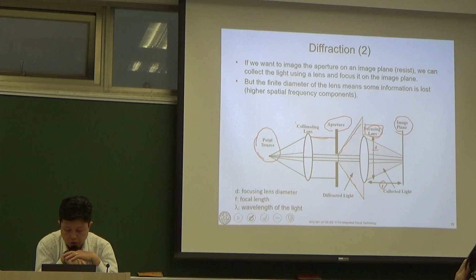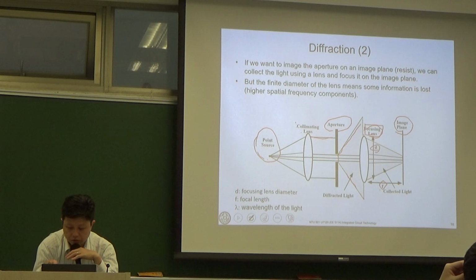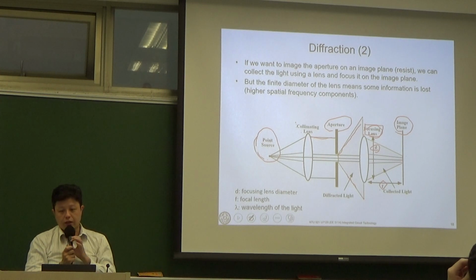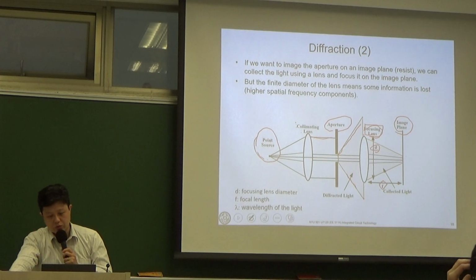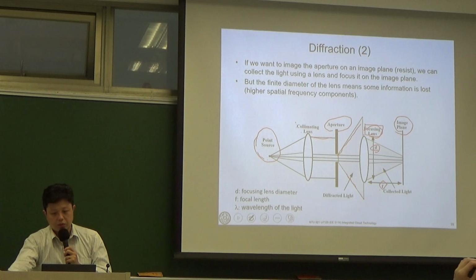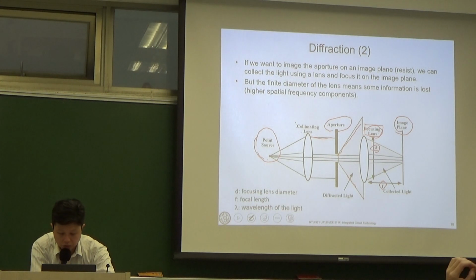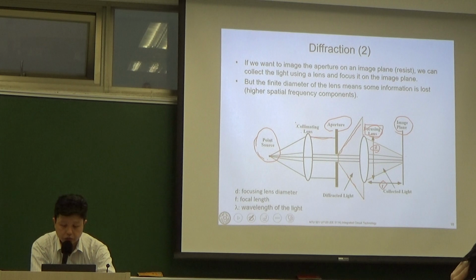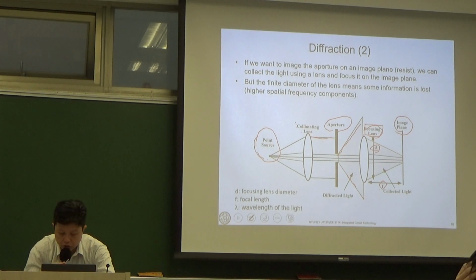In this system, you can imagine that this diameter D is a finite number, right? Unless you have very huge optics, but in reality that's impossible because you have certain constraints in your systems. So you will choose a certain diameter lens to collect and focus the light back to your wafers.